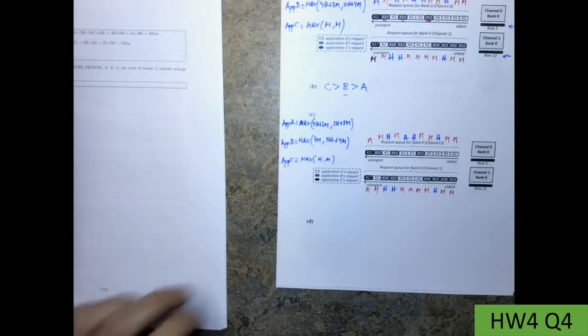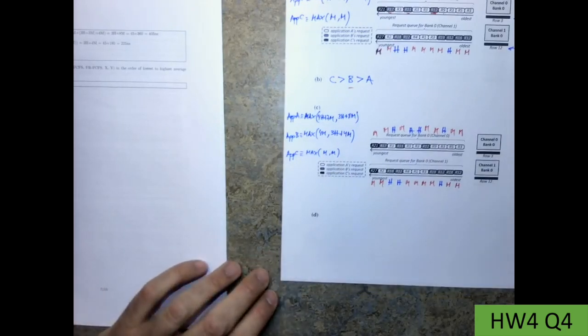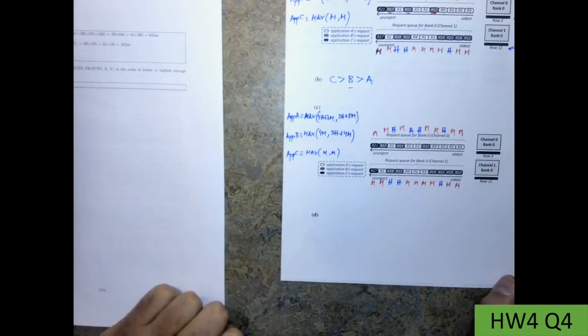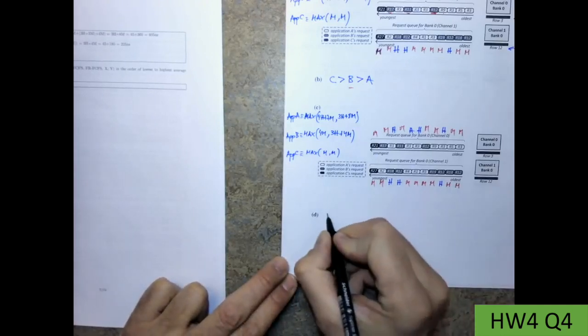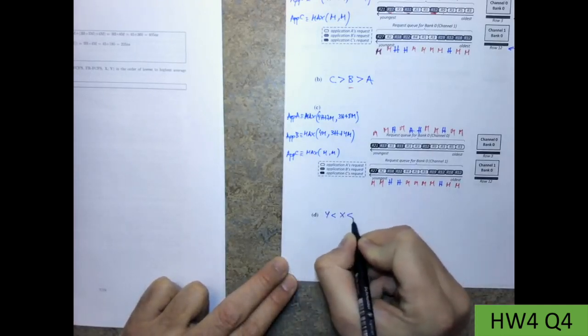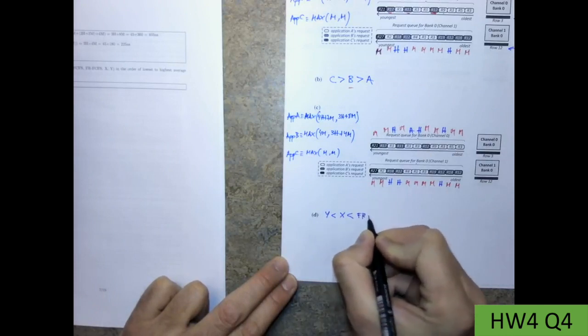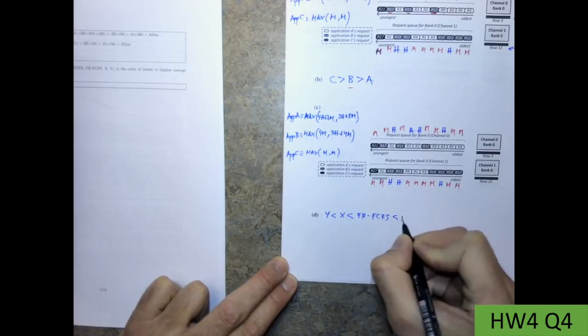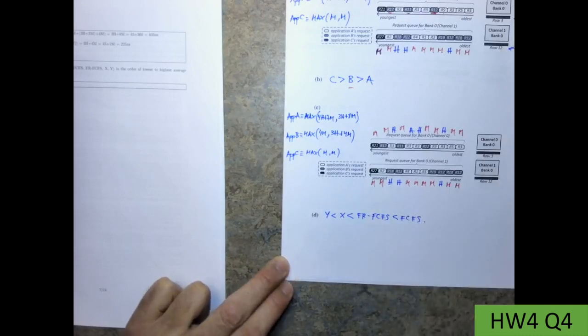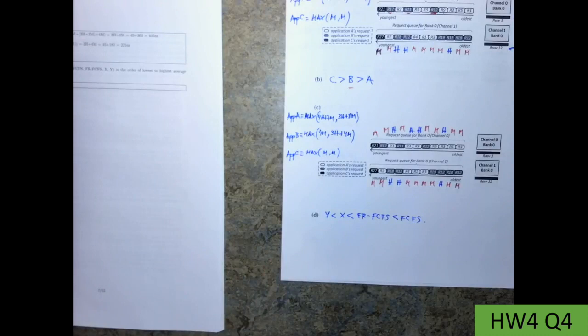As you will have calculated the stall time for every application and every policy, you can calculate the average, and you'll see that this is the order. So that's all regarding this problem 3. Any questions?